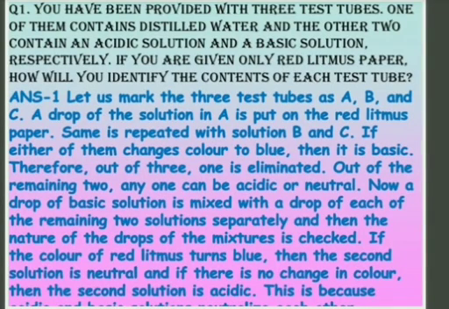Now there is one question given in your in-text questions. First question, you have been given 3 test tubes. One of them contains distilled water, another contains acidic solution, and another a basic solution. We don't know which one is which, but in one there is neutral distilled water, in one there is acidic solution, and in one we have basic solution.